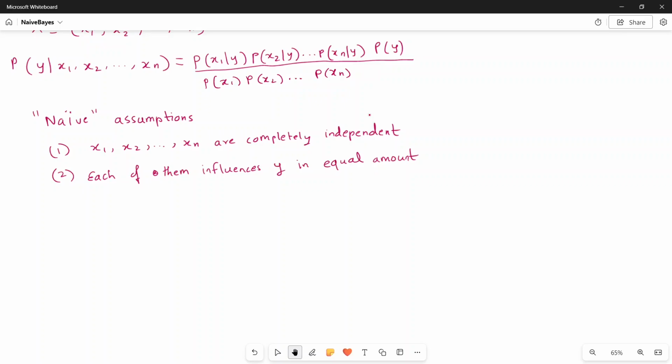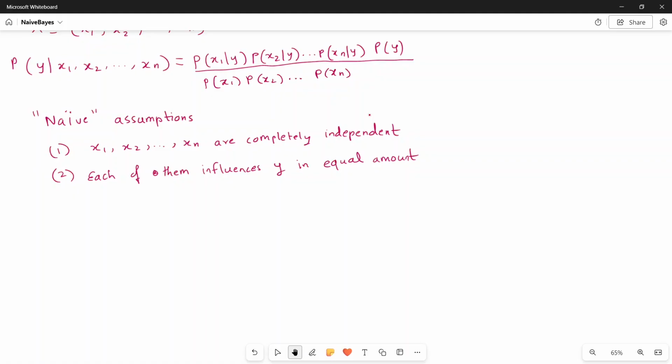Hello everyone. In this video we'll take a look at how we can perform the prediction using the fundamentals of the Bayes theorem. Basically, the probability of the y value that we'll calculate here will take positive and negative, that is, we'll try for both the class labels.